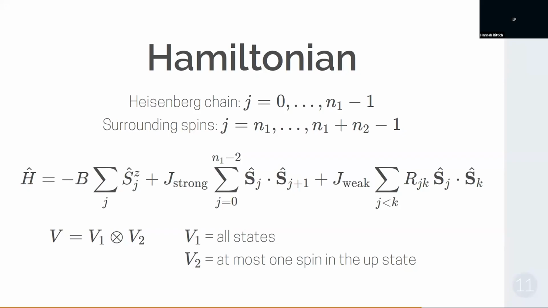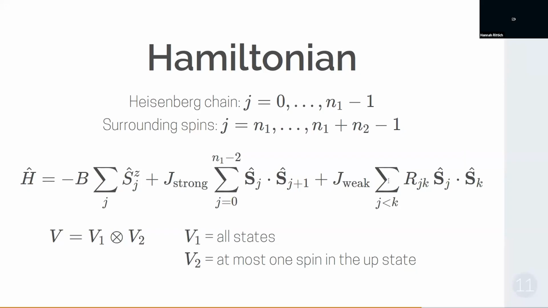And finally, the last part is the weak interaction between all the spins, for which we take a random matrix for pairs of spins that has a certain size.